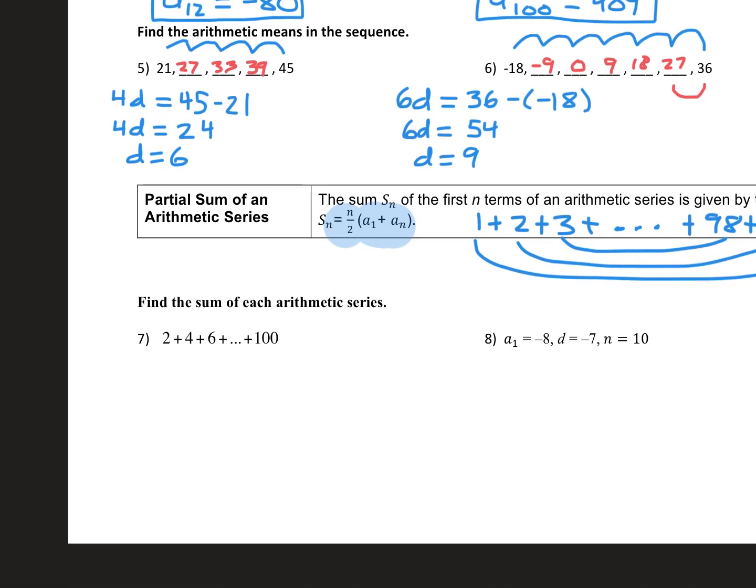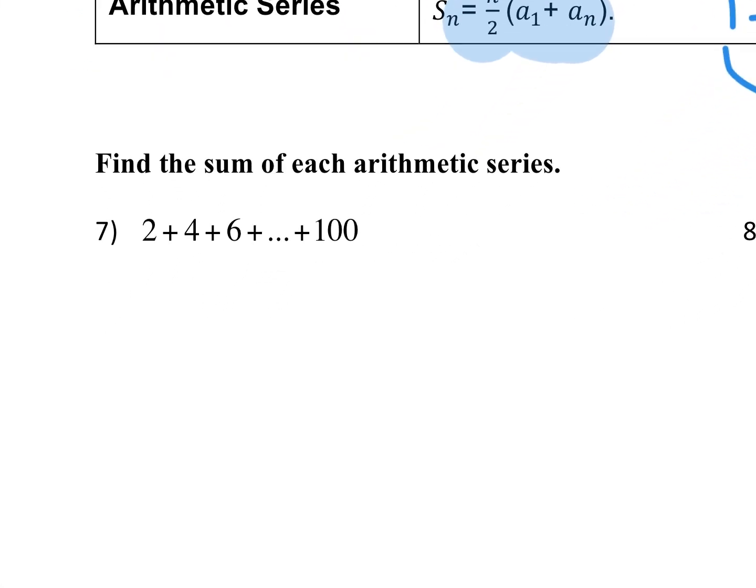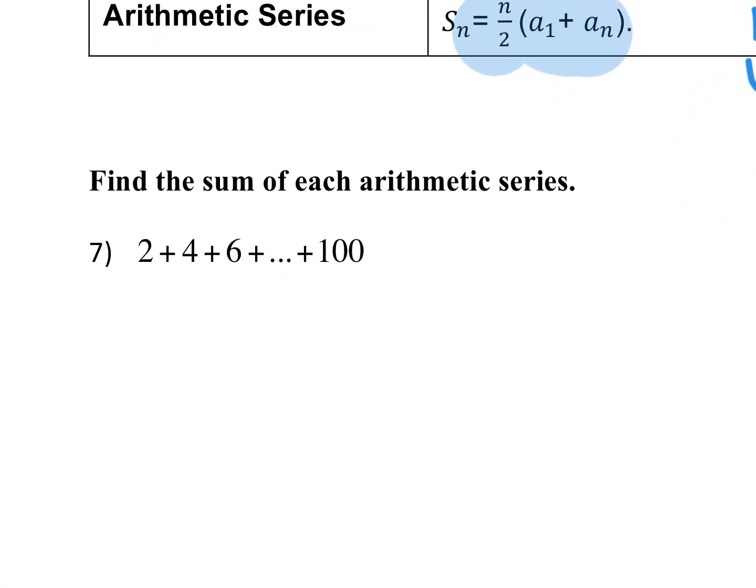All right, so using that formula, you might notice that you don't initially have everything that you need to plug in. If I'm trying to plug in, I actually get stuck right away.